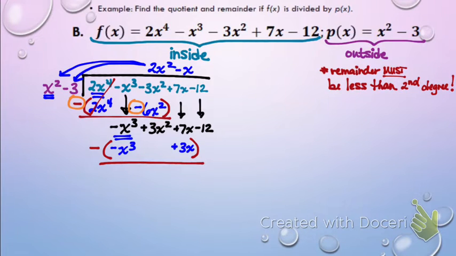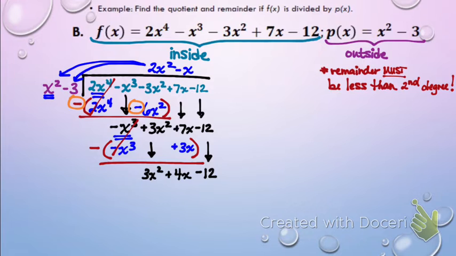Negative x cubed minus negative x cubed cancels out. I drop down my 3x squared. 7x minus 3x, 4x. Drop down my minus 12. Can I stop here? Yes, but you're not gonna let us. Can we stop? Why not?